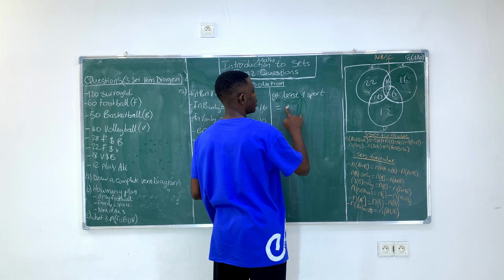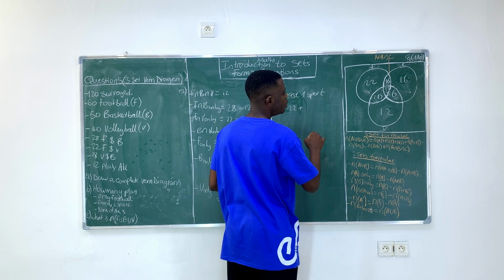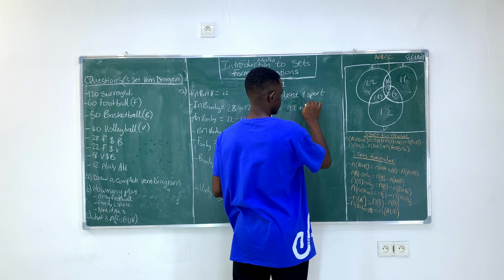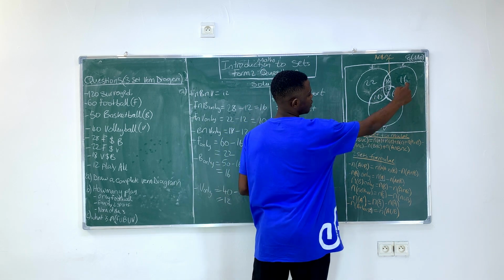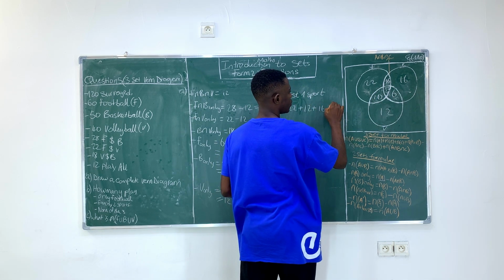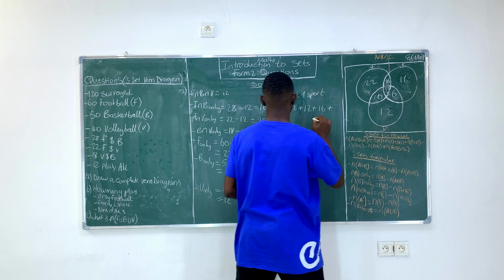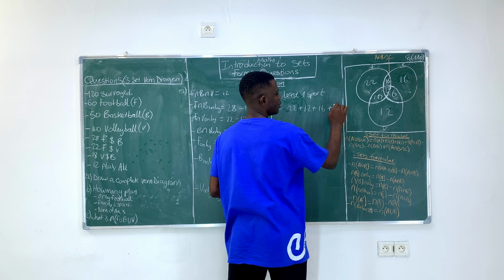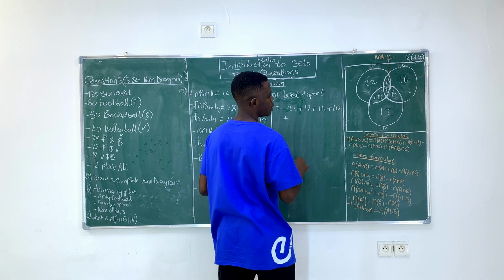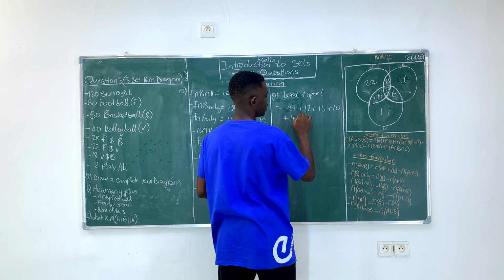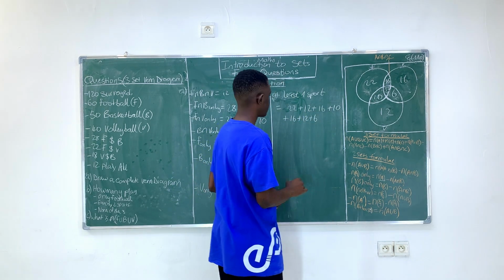The sum of everything is 2 plus 12 plus 22, 12, 16, plus 10, plus 6, plus 12 plus 6.